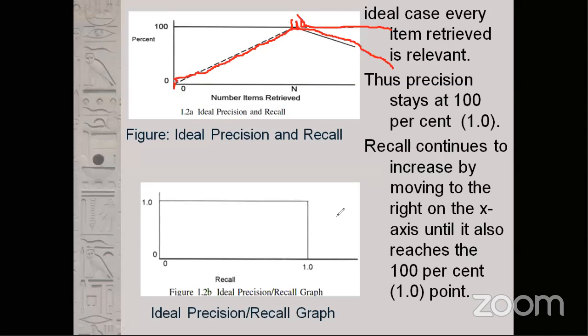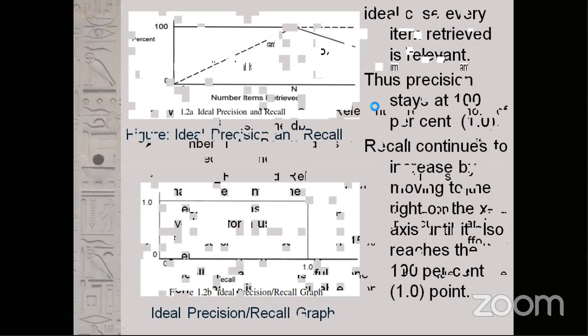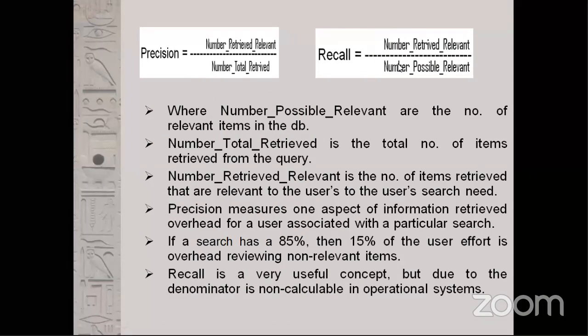So if you observe the denominator value, the number of possible relevant documents in your database: suppose my database has 100 documents, then I can simply calculate how many are relevant.